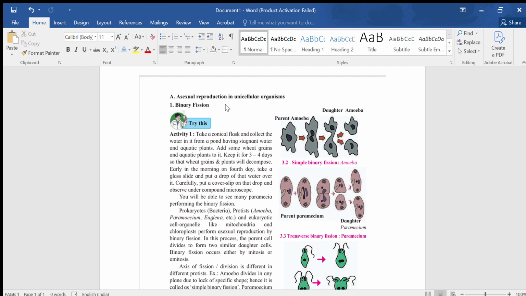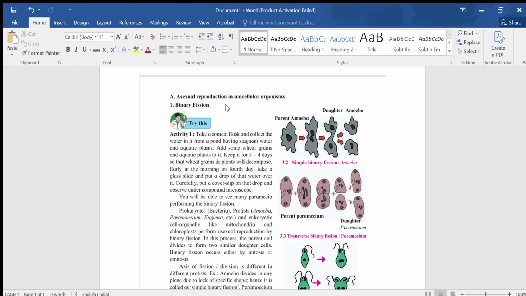They cut themselves into two different organisms. Prokaryotes are single cell organisms, and protists like amoeba, paramecium, and euglena are single cell organisms.